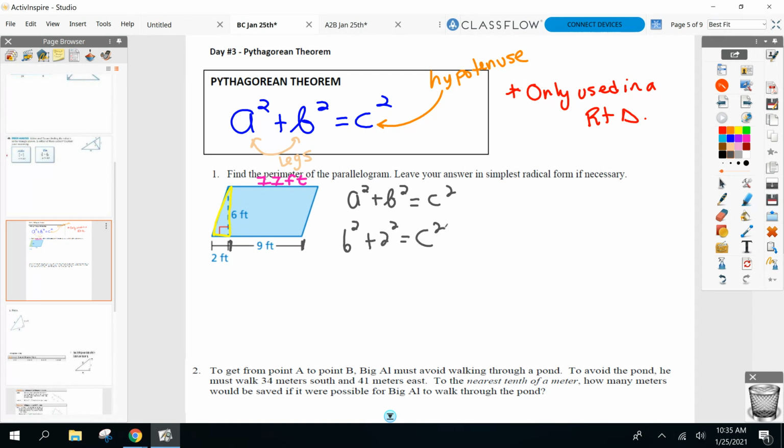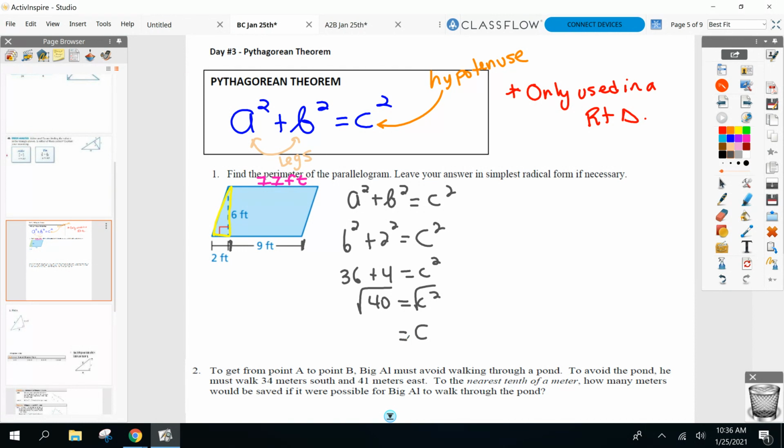Go ahead, guys. Keep going. You guys see simplest radical form. Let's break it down. I got 36 and 4. Gives me 40. So it looks like you guys are breaking down the square root of 40 for me. I'll give you guys a second to do that, and let me know what you end up with.